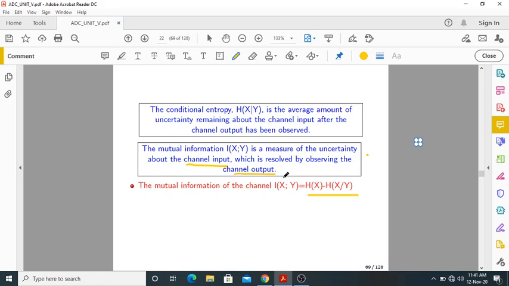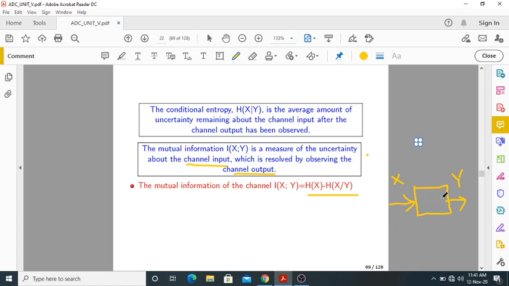So, you try to understand this very logically. What I want to say is, you already know this entropy is nothing but an indication of uncertainty. Otherwise, it is a measure of uncertainty. Here, what I want to say is, how much uncertainty is cleared or resolved by observing the channel output. You take a simple example. You take a channel, input is capital X, output is capital Y. So you don't know what the input is, you don't know what X is.